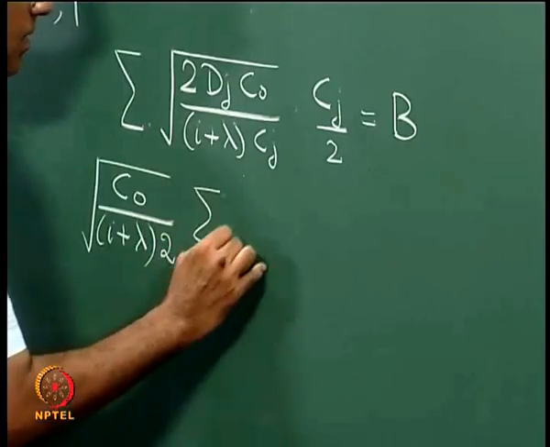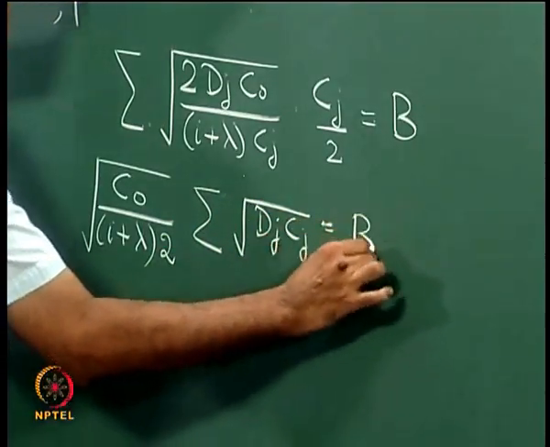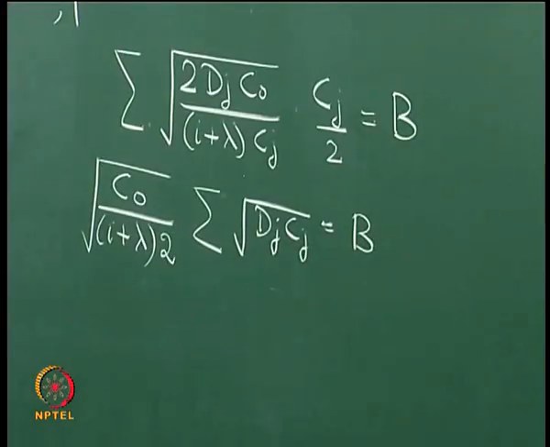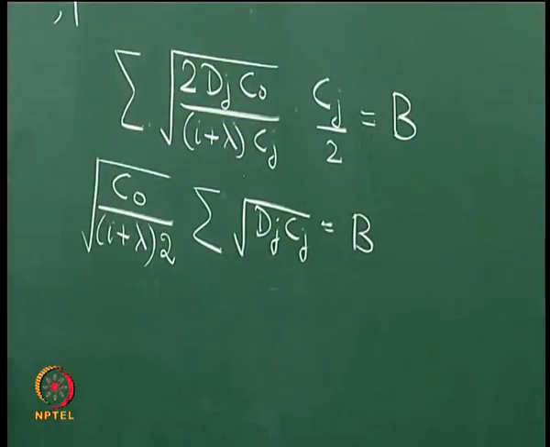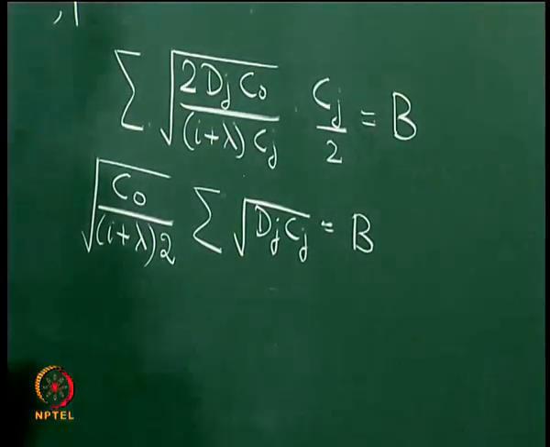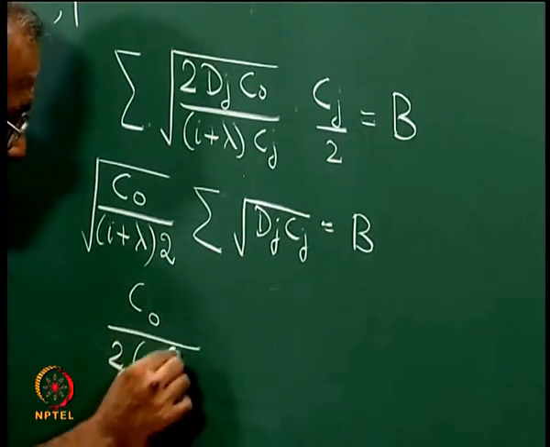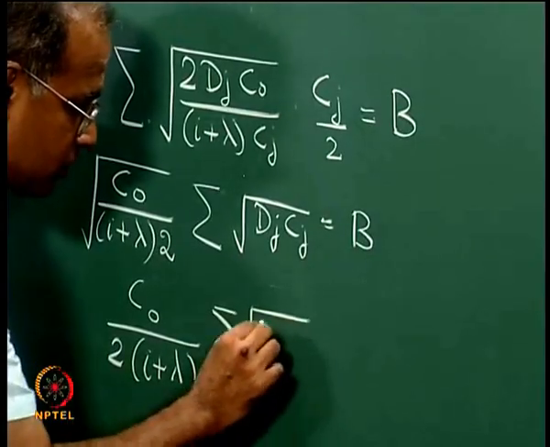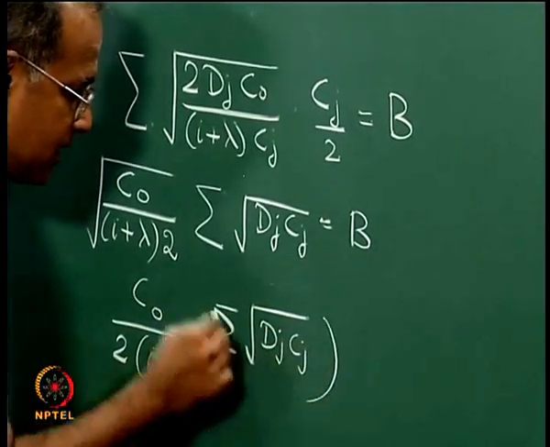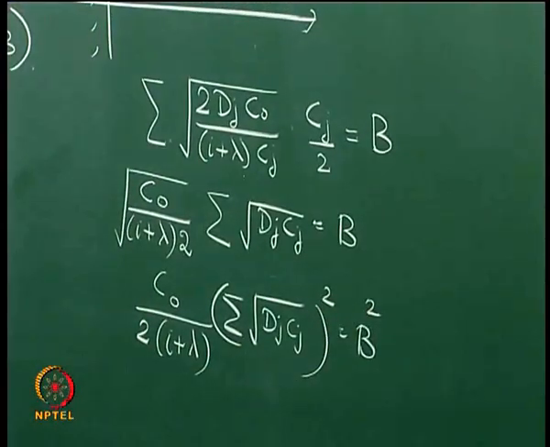Then sigma root of dj cj is equal to b. There is a root cj here and a cj here, so root over this. So, squaring, we get c naught by 2 times I plus lambda into sigma root over dj cj whole square is equal to b square.